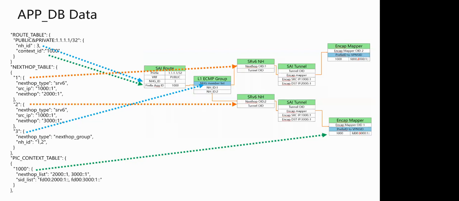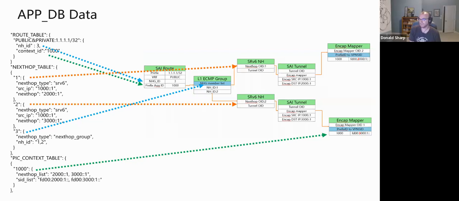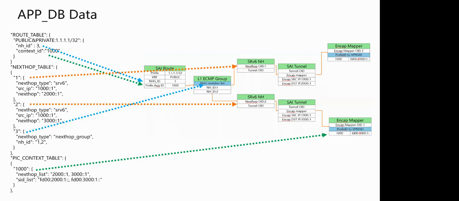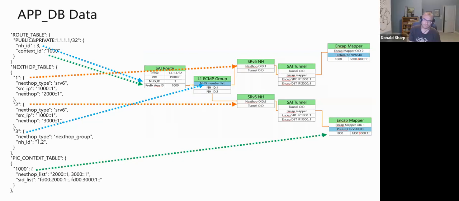So for SRv6, you're proposing a new set of SAI APIs? No, we are reusing the existing SAI API. That's why you see that currently Hanyu is mapping the existing data structure to the existing SAI API.